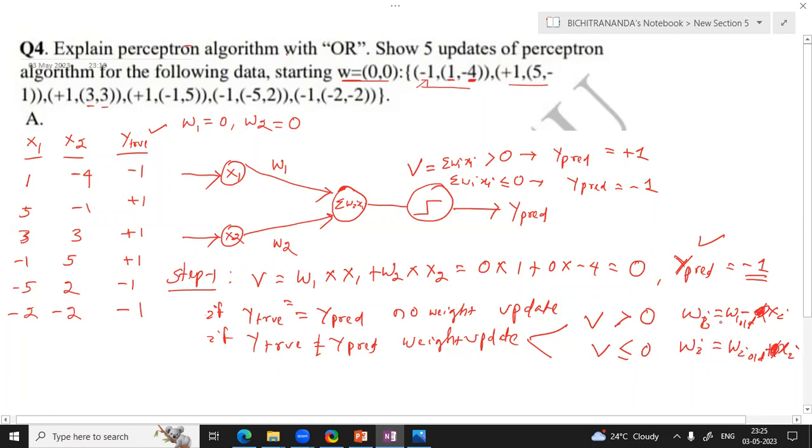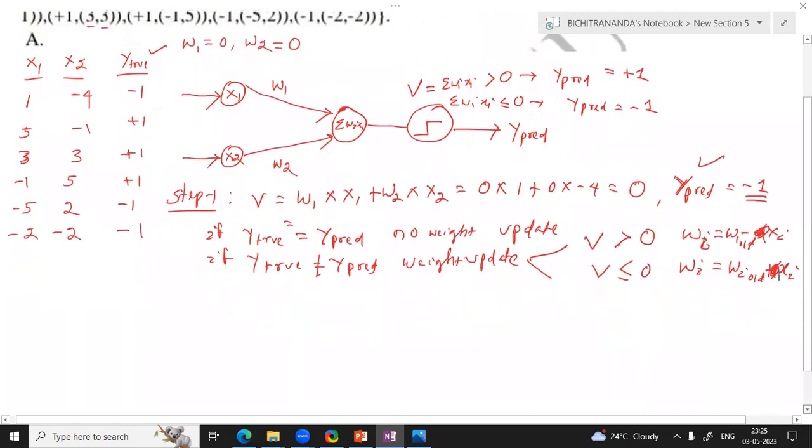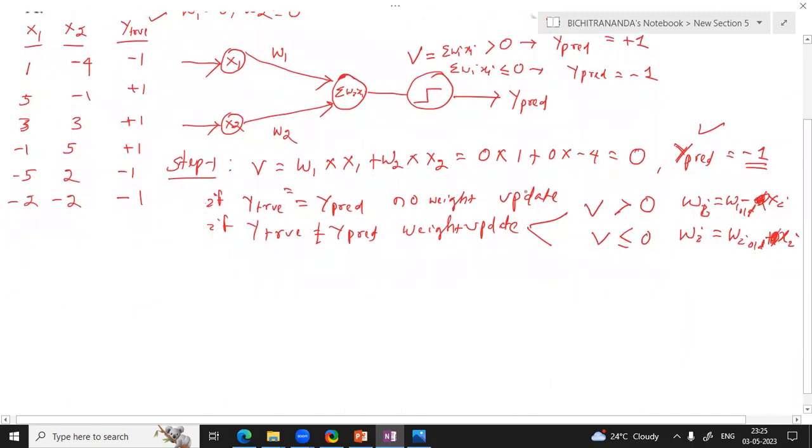So let's proceed to the weight updation process. Now in step one, what happened? The summation value is less than or equal to 0, so the prediction is minus 1. Now the question is how can we update the weight?